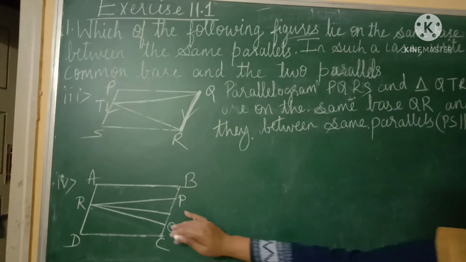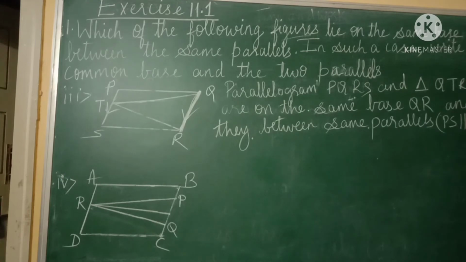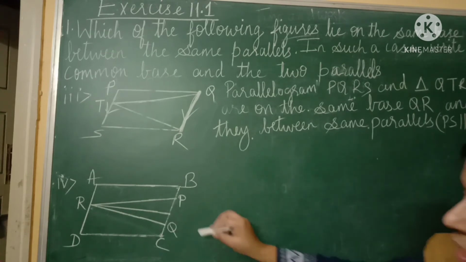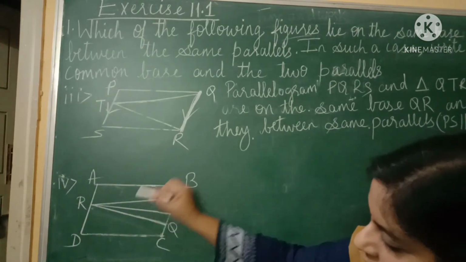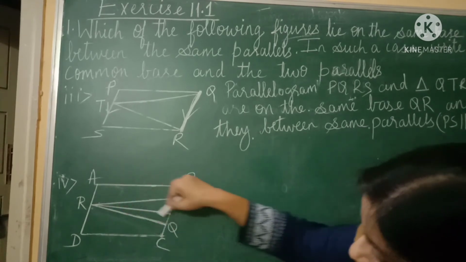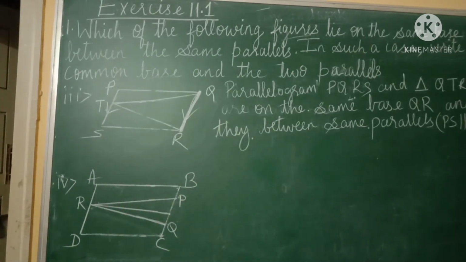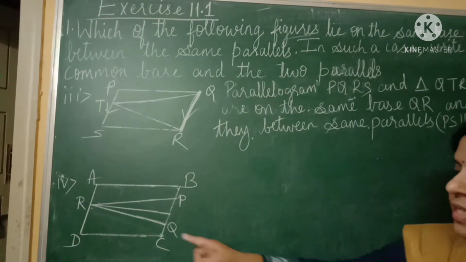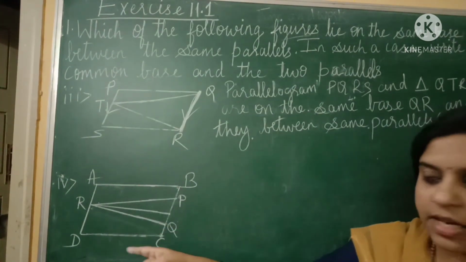Coming to the fourth question here. In the fourth question, you can see the parallelogram ABCD and one more triangle, RQP. Are they sitting on the same base? There are two figures here: one is the triangle and one is the parallelogram.